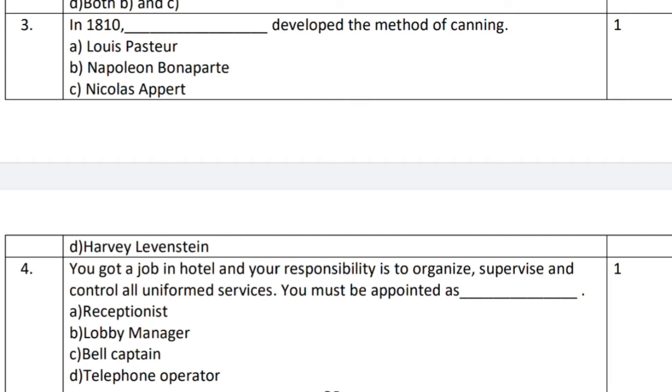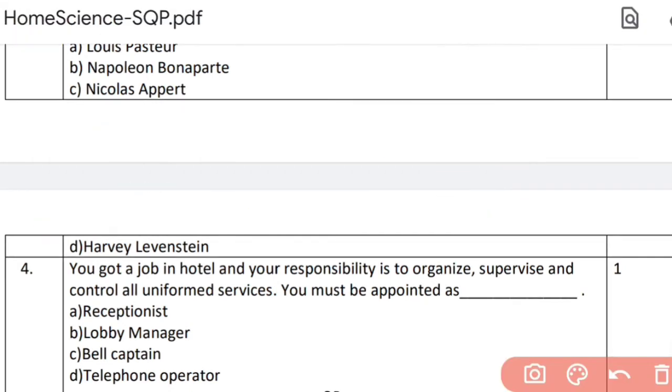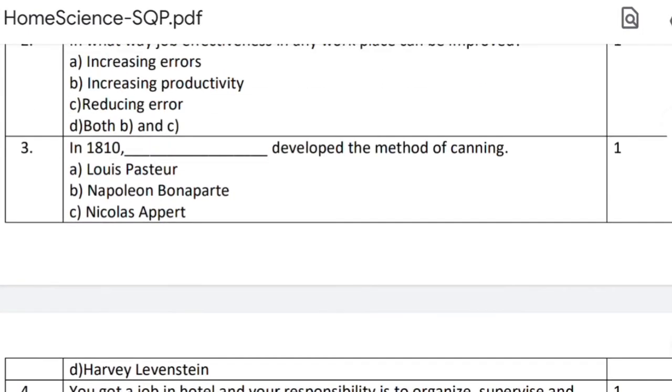I don't think Harvey Levestein is mentioned in your book. So there is one name which seems most appropriate, and that is Nicholas Appert. And you are right, this is the right answer, Nicholas Appert. It was Nicholas Appert who developed the method of canning.